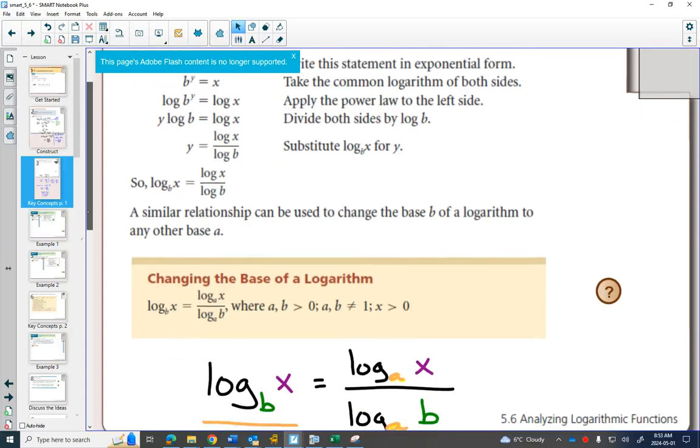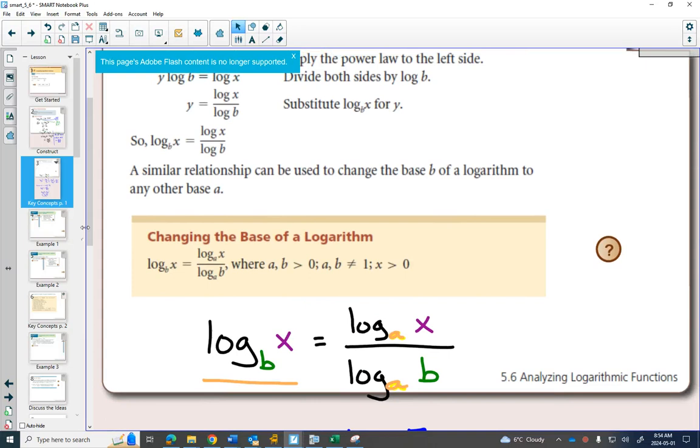Some interesting things about the formula, and I've color-coded it here. So if you have, on the left side, any logarithm of any base b of x, you can change it. And what's fascinating about this formula is, do you see that the orange letter A only appears on one side, on the right-hand side of our formula?